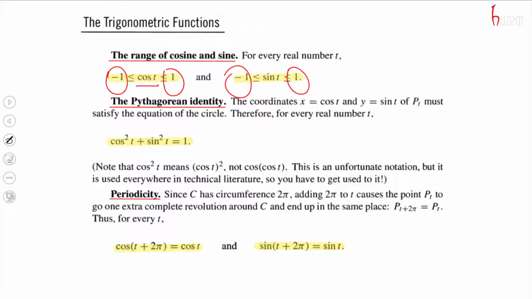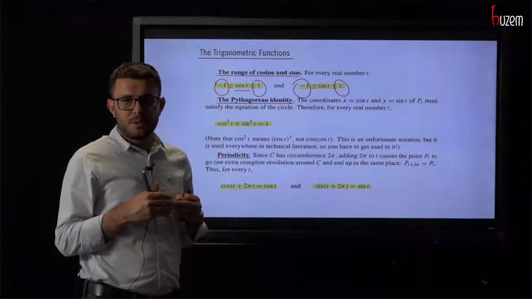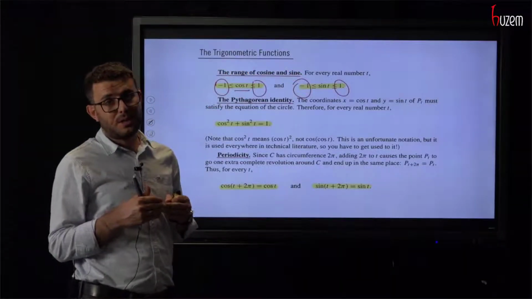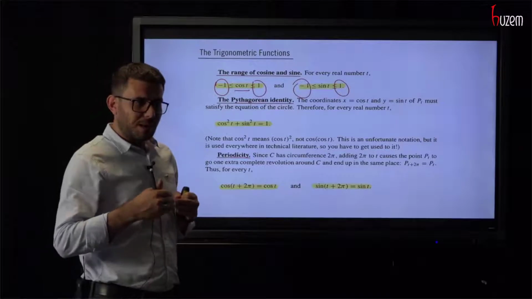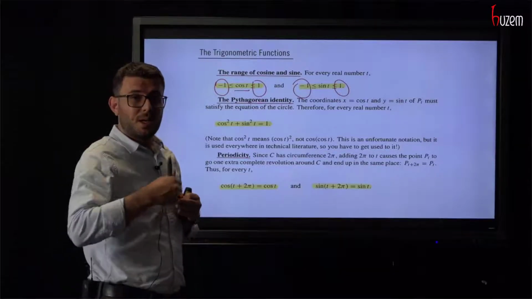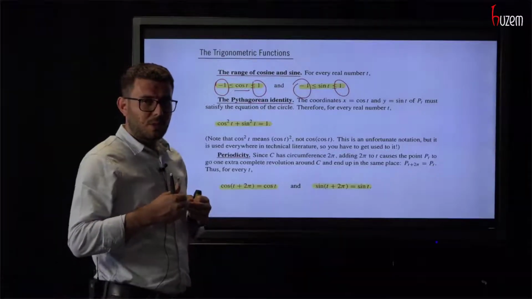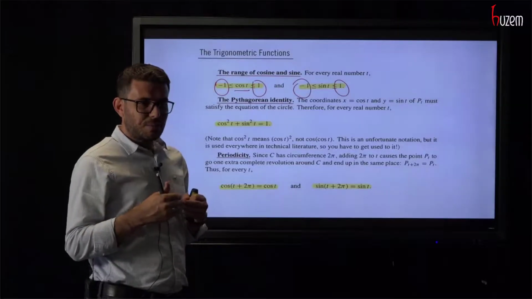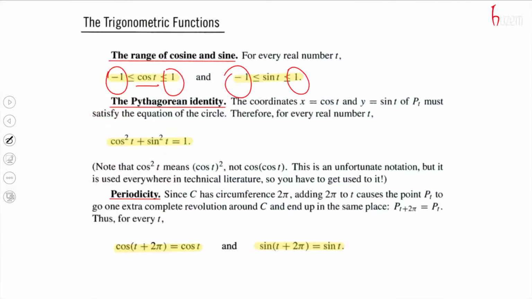Because we know cosine is the ratio of the length of the adjacent side divided by the hypotenuse, and the length of the adjacent side cannot be more than the hypotenuse. That's why the ratio can be at most 1 or -1. So this is the range.